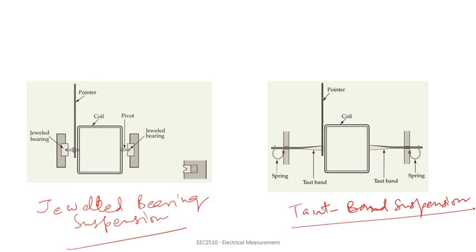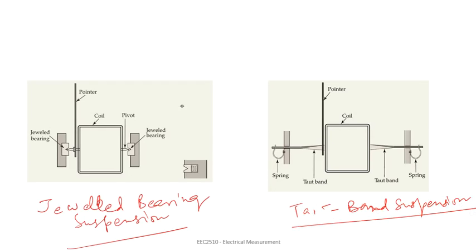So these are the two types of suspension, the jeweled bearing type of suspension and the taut band suspension.